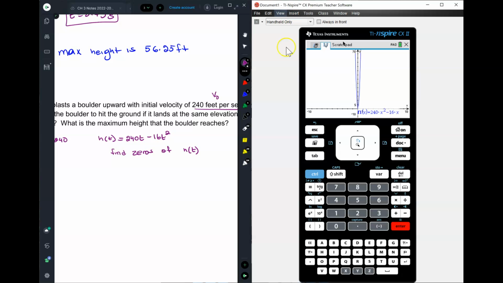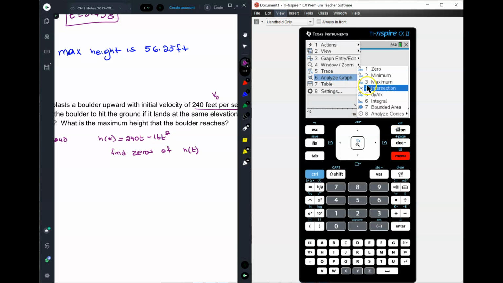I'm sorry, yes. I was like, why is it going up? Okay. No, because you have to zoom out a lot, okay? Because this takes a much longer time for it to come down. So let's zoom out a little bit.